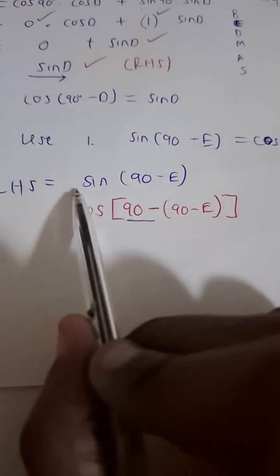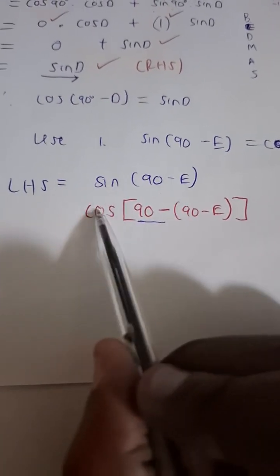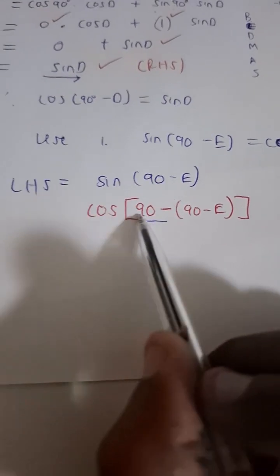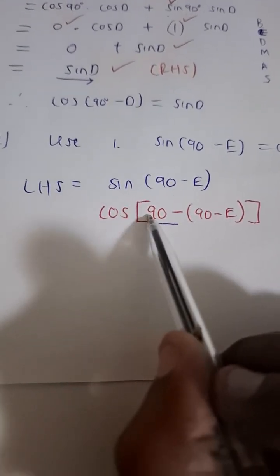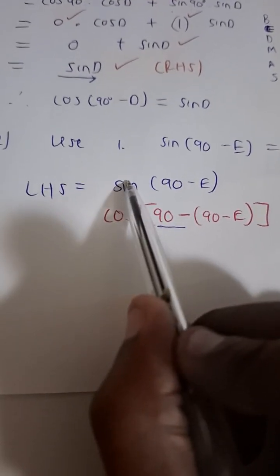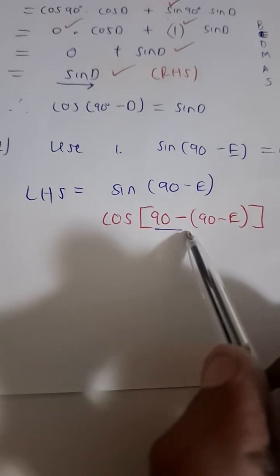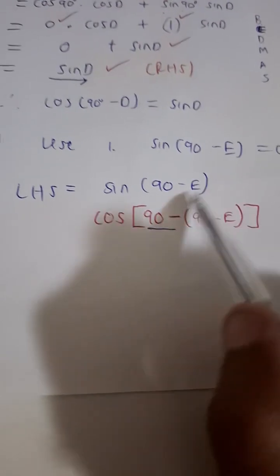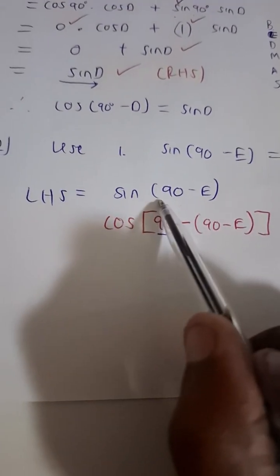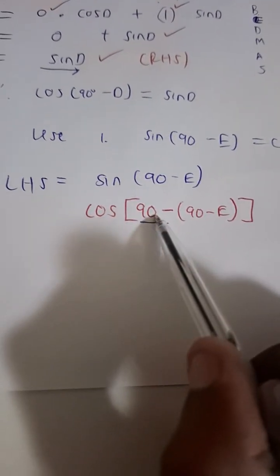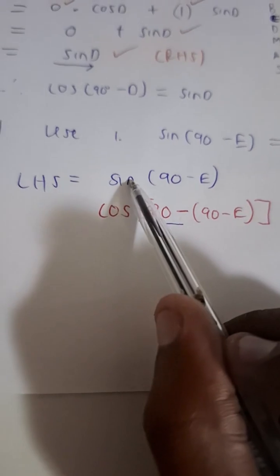So I can write sine 90 minus e as cos, the changed trig ratio, 90 minus. If it's 90 minus, it means I would change this cos back to sine. The 90 minus would fall away, and then I would write the acute angle, which would be equal to 90 minus e. So I use the co-ratio 90 minus so that I can write sine in terms of cos.